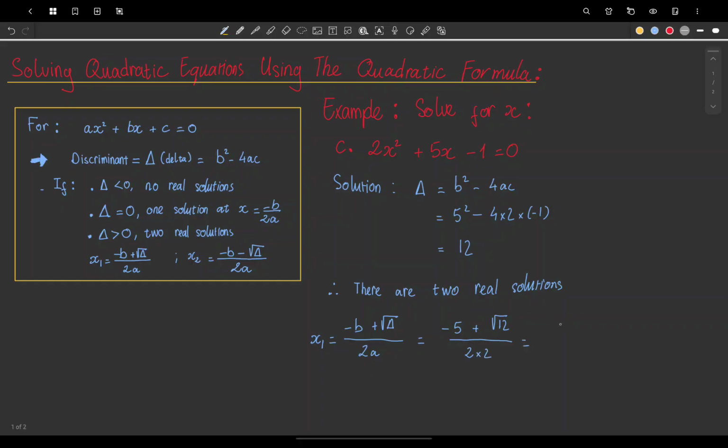So therefore we would have negative 5 plus the square root of 12 over 4.